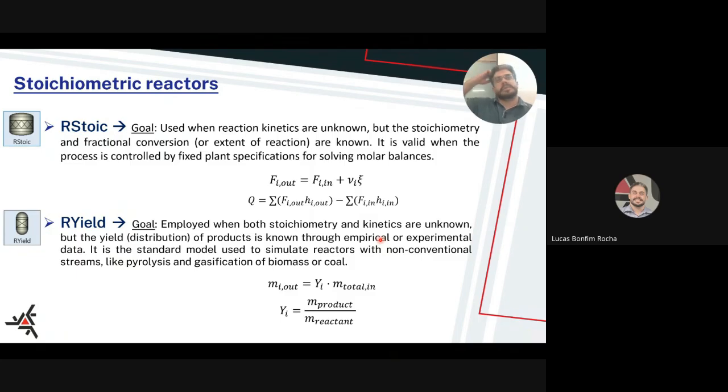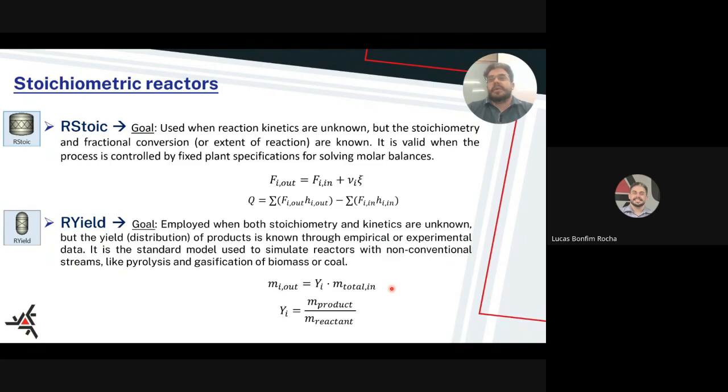So we know the composition of our biomass or our coal. We want to predict the amount of products obtained, considering the yield that's possible to obtain according to experimental data or the classification and the quantification of the components in your system.